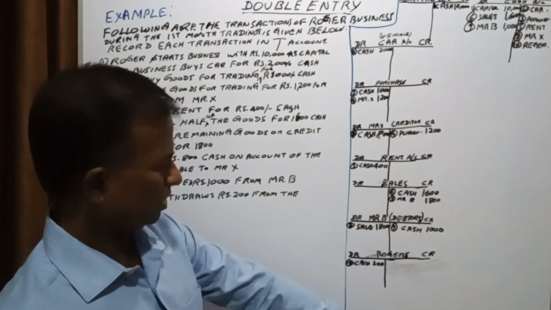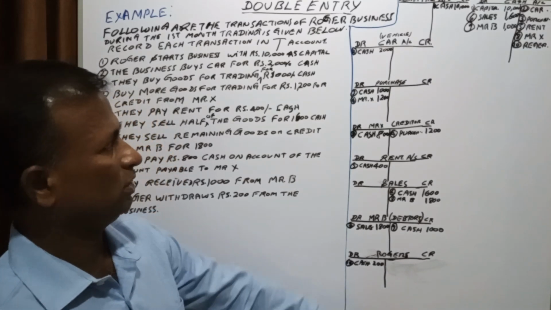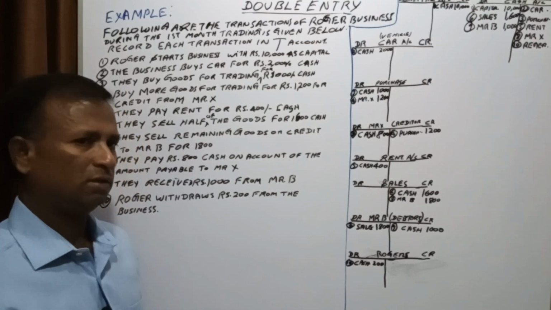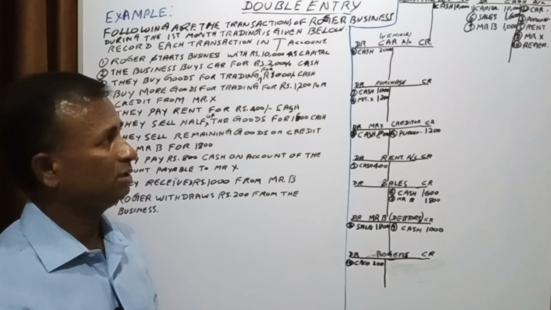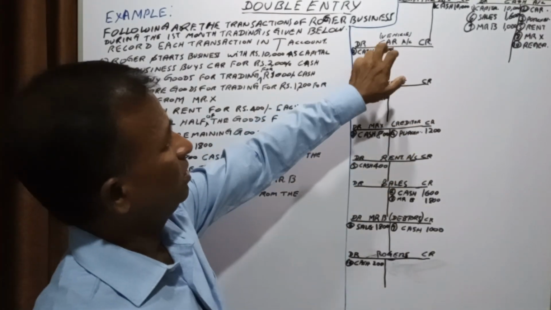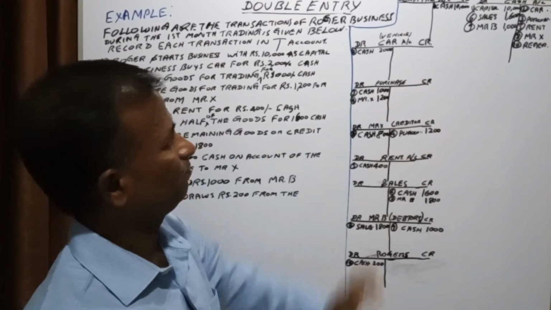If you understood up to this level, it will be easy for you to understand the P&L and balance sheet. Here you cannot keep the accounts like this, right? You have to balance it.